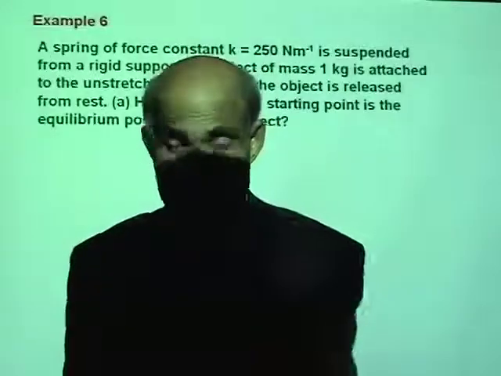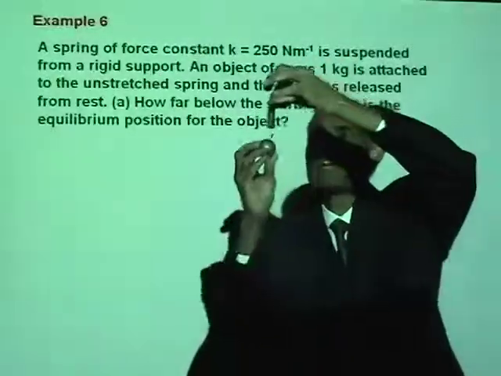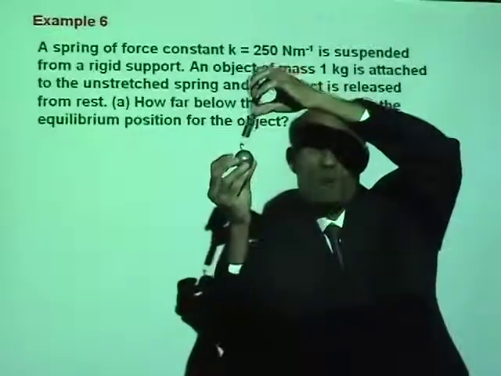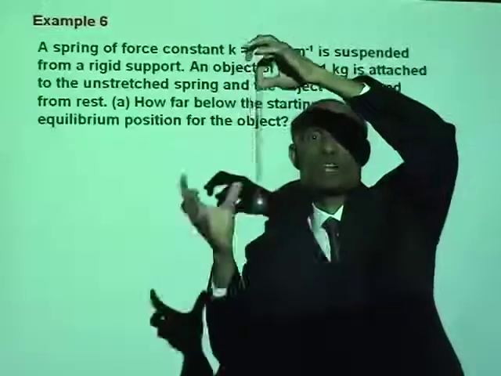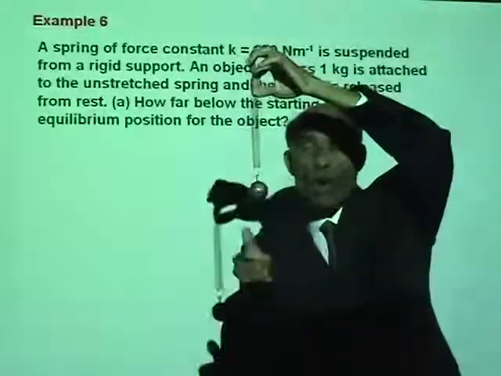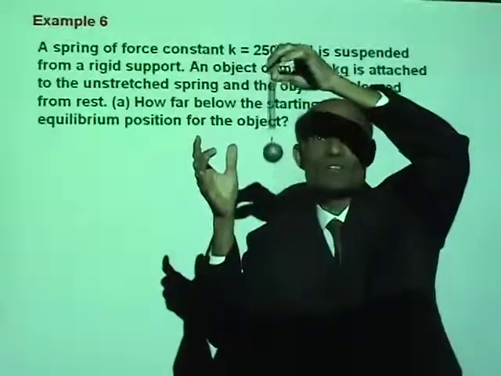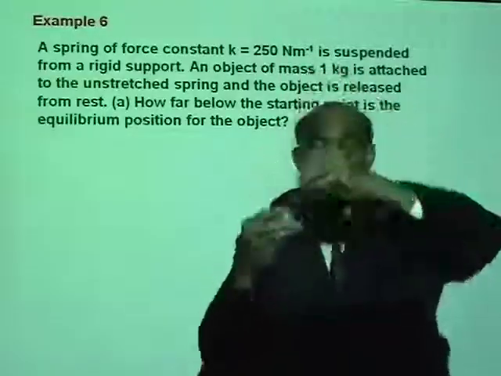Now, you must understand, if I put this object and release it, will it stop at the equilibrium position? No, watch this. It went all the way down to the lower extreme, and then it starts oscillating.